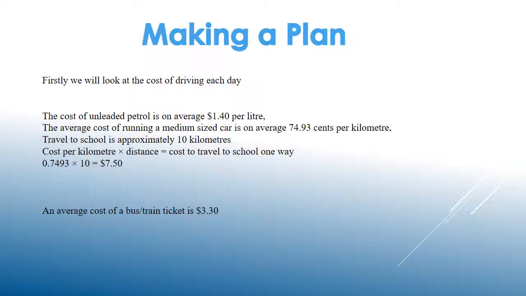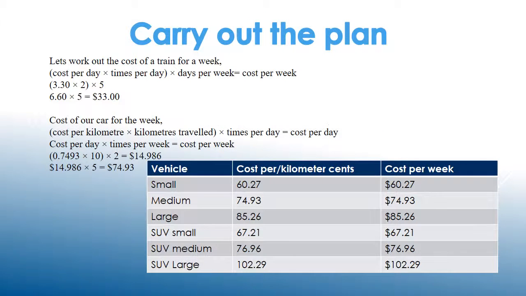The cost of catching a bus to school one way is $3.30. So if we were to catch the bus to school, we would save $4.20 one way. So let's look at the cost per week. Now remember, when we have brackets, we need to work out what's in the brackets first. So for the train, we have a cost each way that multiplies by the times per day.